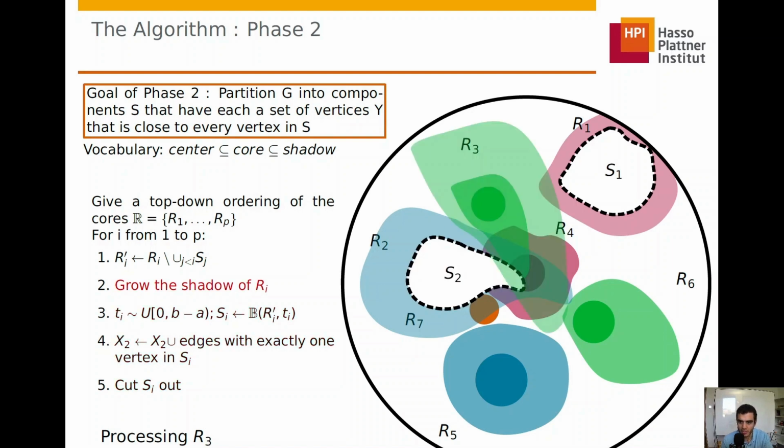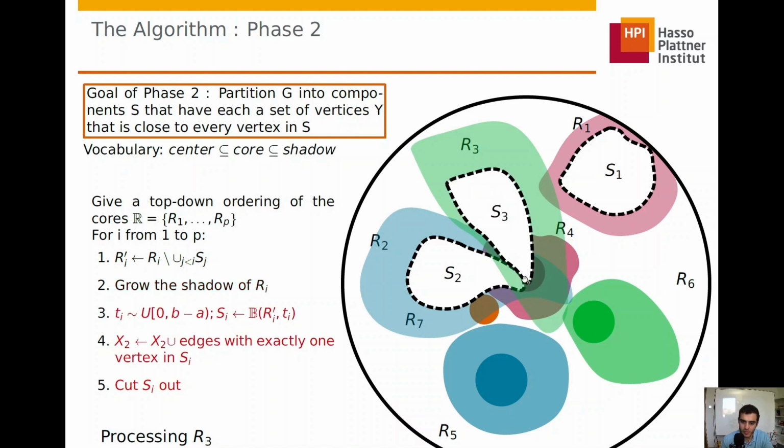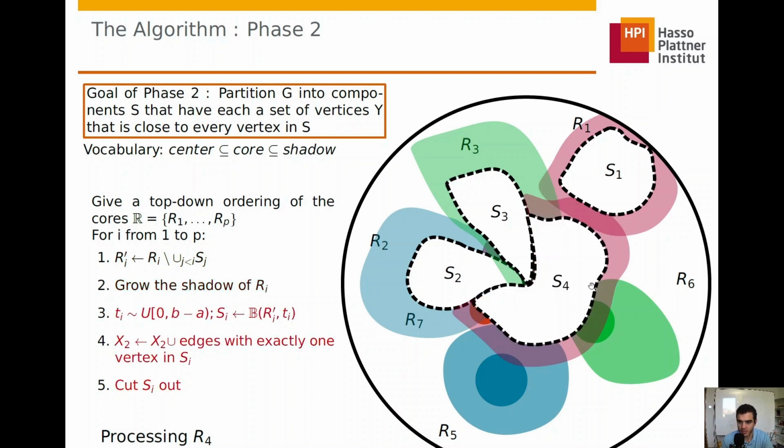Again, R3, shadow, we pick a value between the core and the shadow, and we cut. And as you can see, R4 got some of its center stolen away, right? This will not pose a problem, and we will treat this in phase 3. You will see. R4, we grow a shadow again, and only in this direction because it only has those center points still.